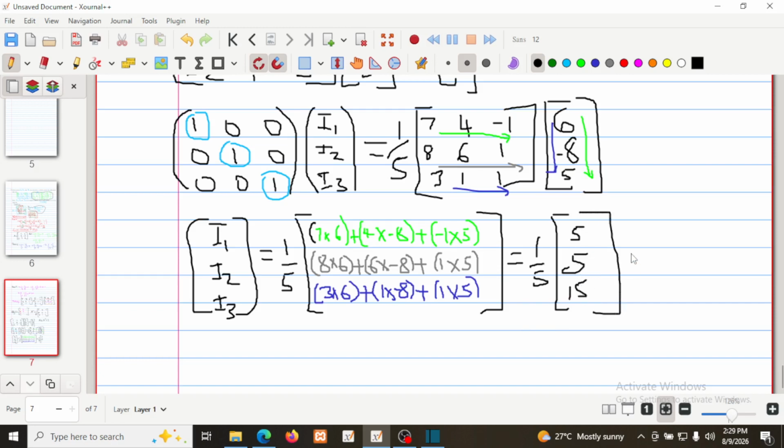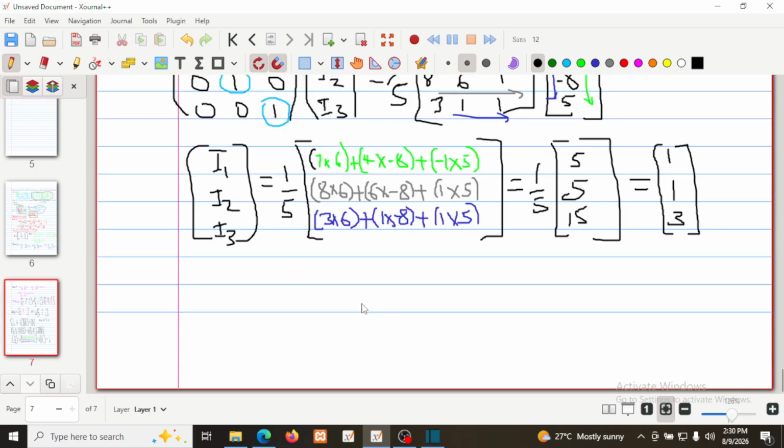So if you multiply 1/5 to all, we will get 1, 1 and 3. Now our current I1 will be 1 ampere, current 2 will also be 1 ampere, and current 3 will be 3 amperes.